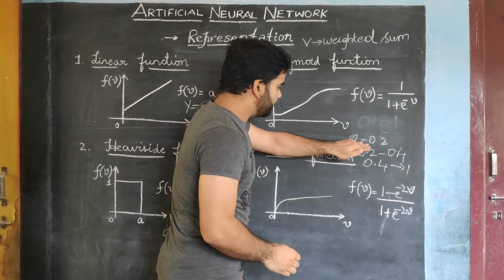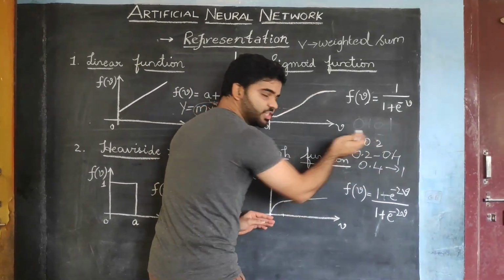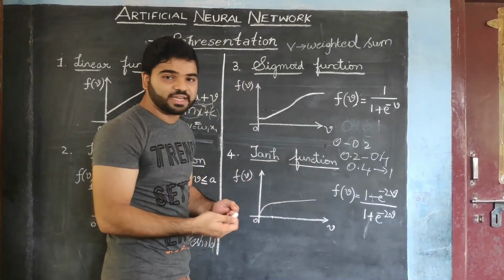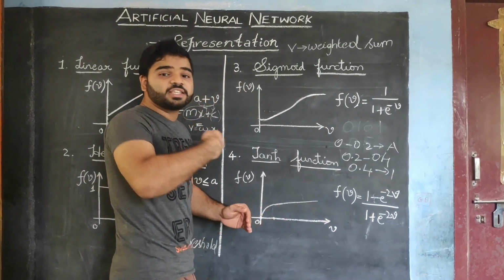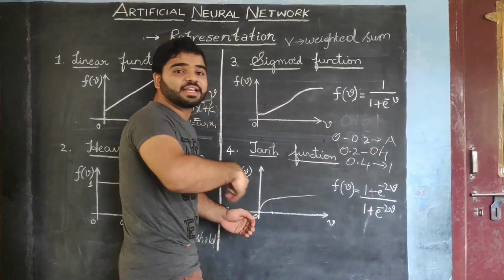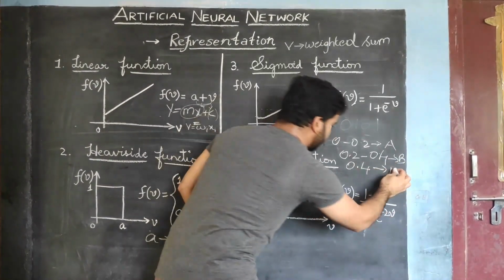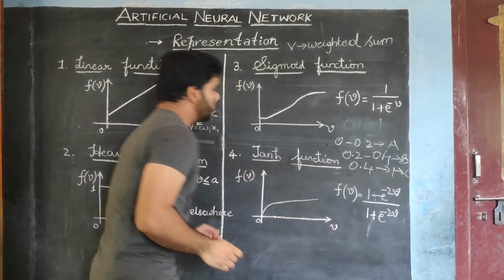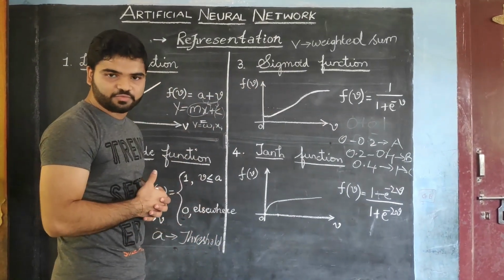So, based on this, if we get a value between 0 and 0.2, we can classify it as some class A. If we get the output from 0.2 to 0.4, we can classify it as B, and so on with C. Hope everyone has understood the difference between sigmoid and Heaviside activation function.